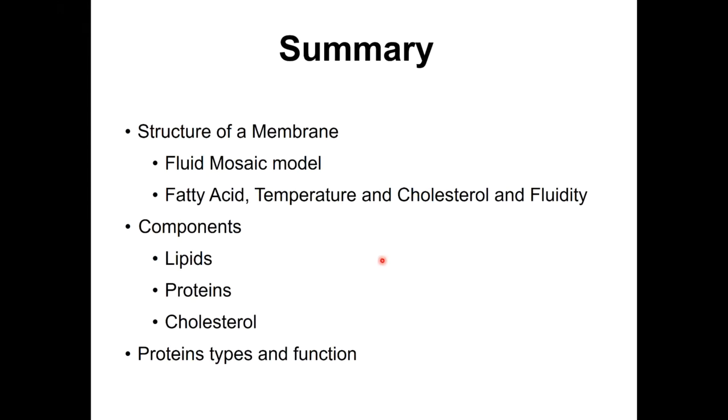And then we talked about the composition of the fatty acids and how fatty acids, temperature and cholesterol ultimately affect the fluidity. Finally, we talked about the composition in terms of phospholipids, proteins, and cholesterol, and we focused on how the proteins found in the cell membrane can be classified, based on their location or their function in the membrane.